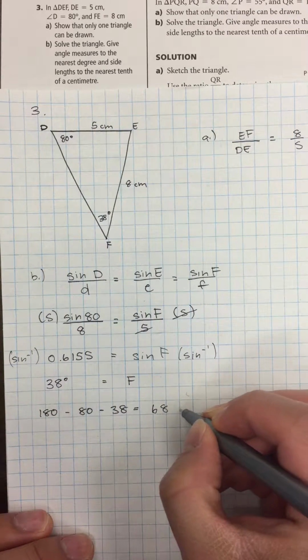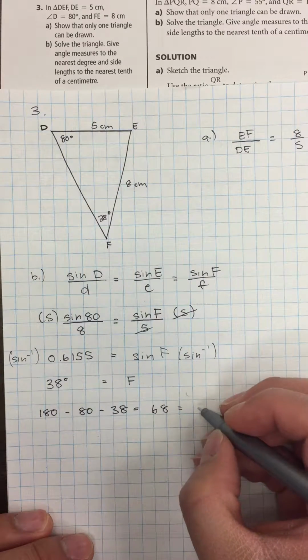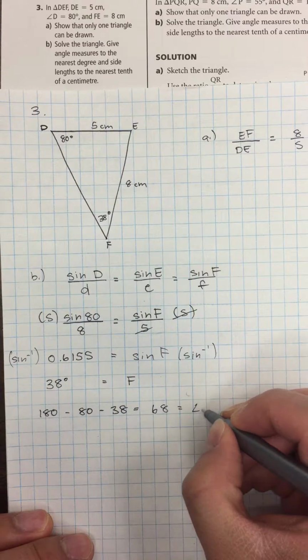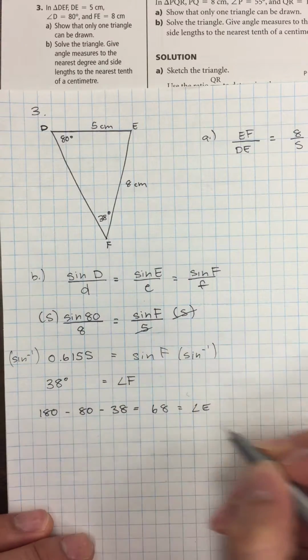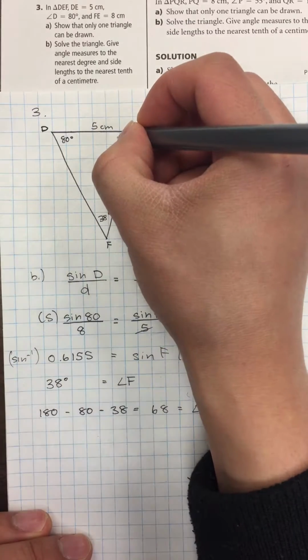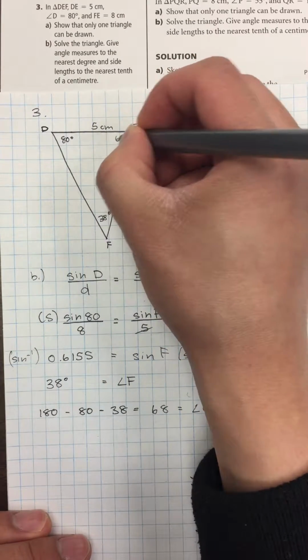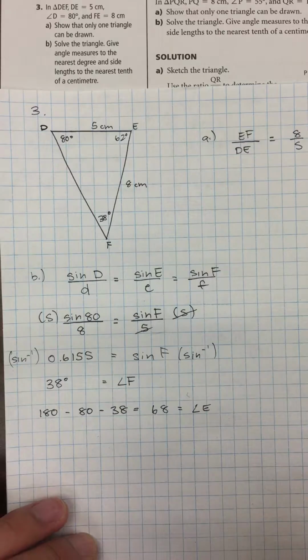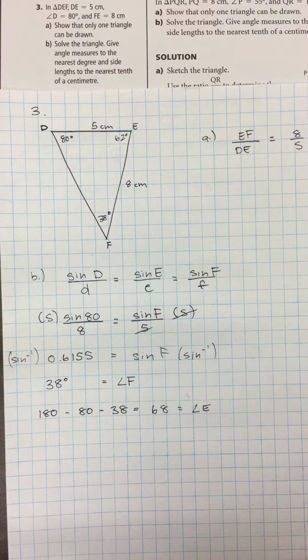And this is going to be equal to angle E. And just remember, we did that because we know that all angles must equal 180 in a triangle.